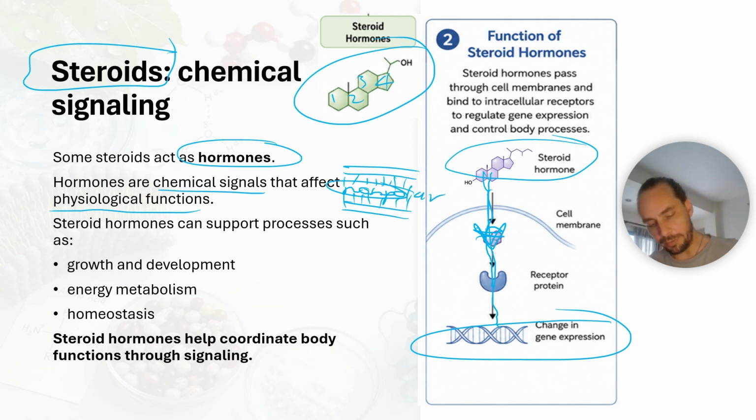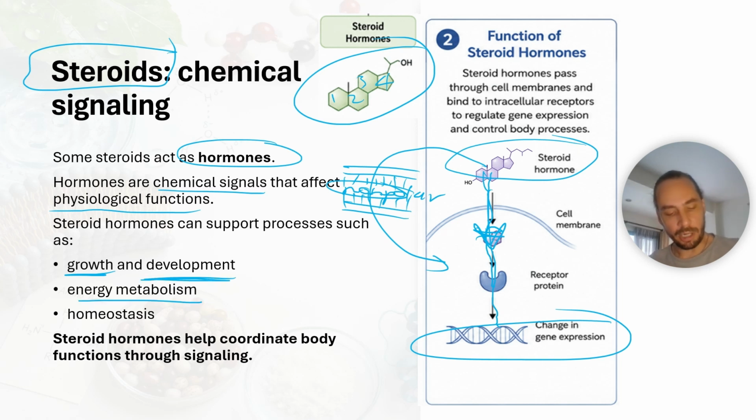So hormones can just go straight through. They have no problem going through other non-polar regions. Now, hormones are very important for our growth and development, for our energy metabolism, and also homeostasis, like keeping a constant internal balance.